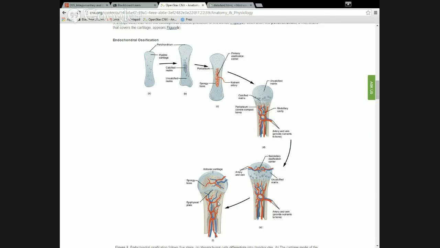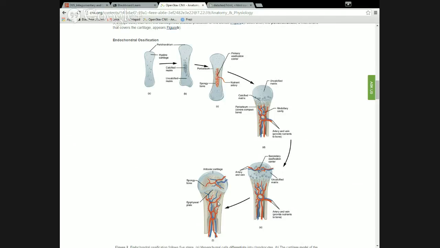The diaphysis starts developing first, and where calcification starts and bone starts to grow in to replace the calcium is called the primary ossification center. That grows out to be the diaphysis. But the epiphyses don't grow in that process. They develop a secondary ossification center, and they become their own kind of bone.